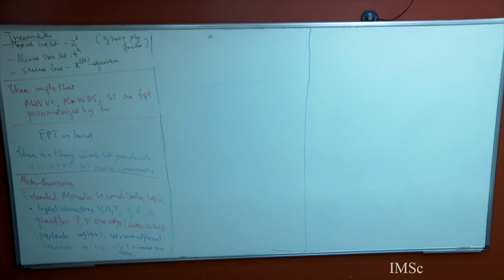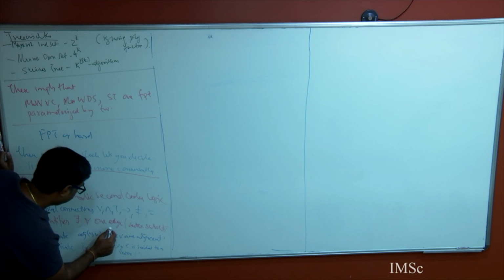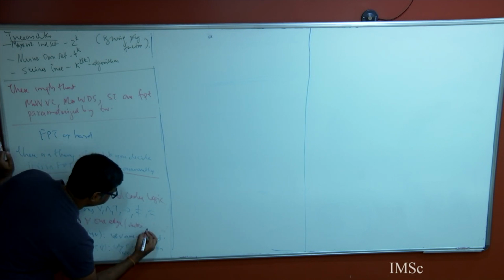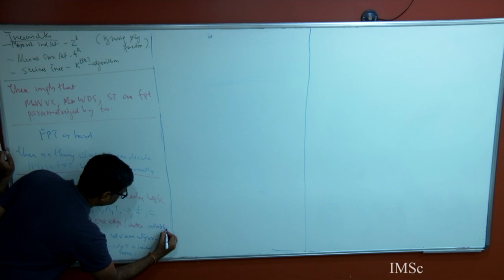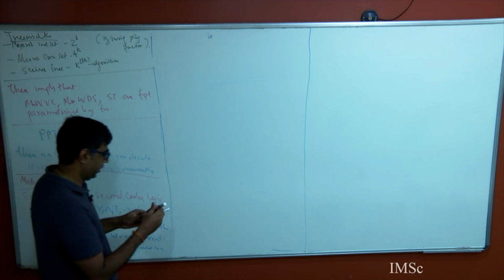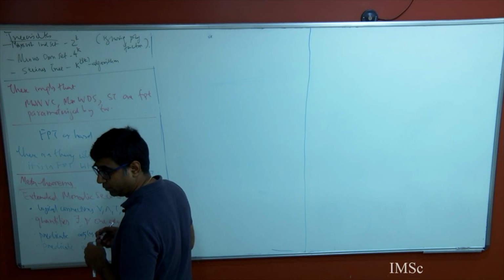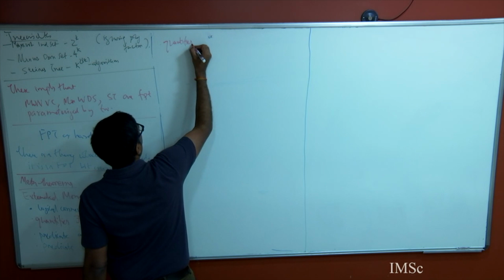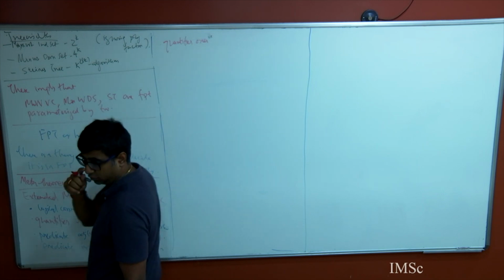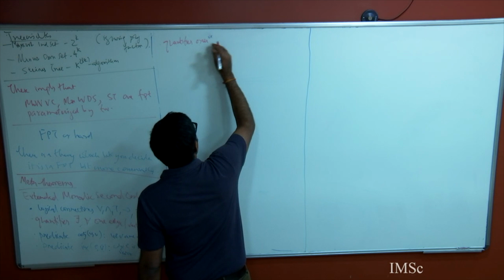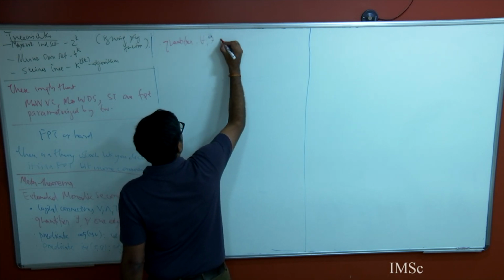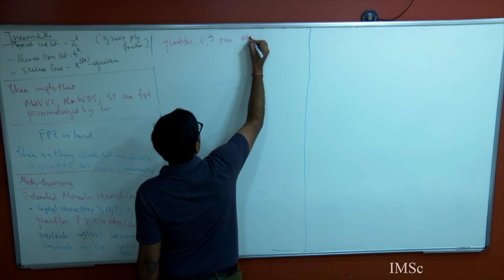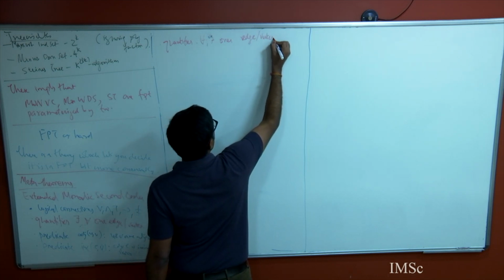So let me write down quantifiers over edge and vertex variables. There exists an edge with this property, right? But you also have quantifiers, there exists, over edge and vertex variables.